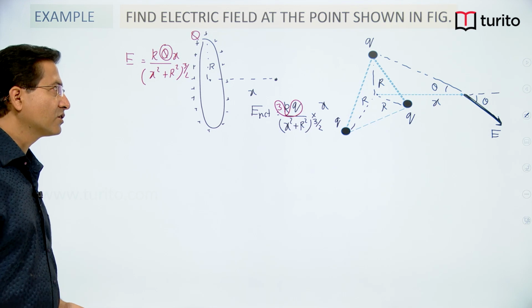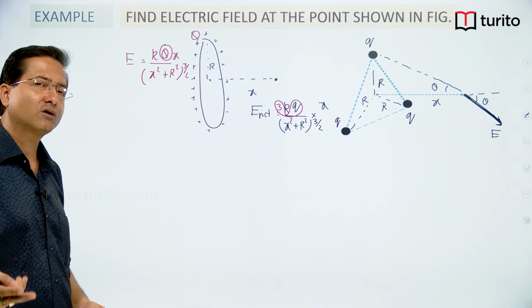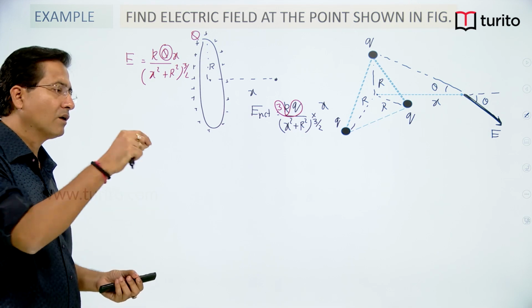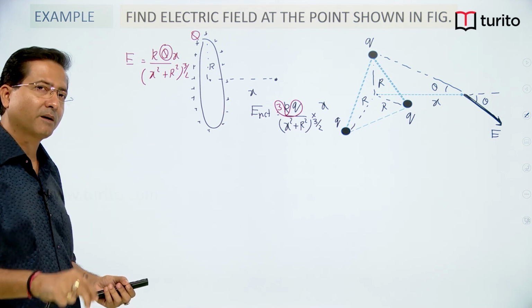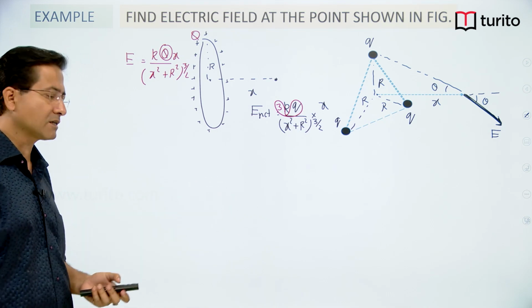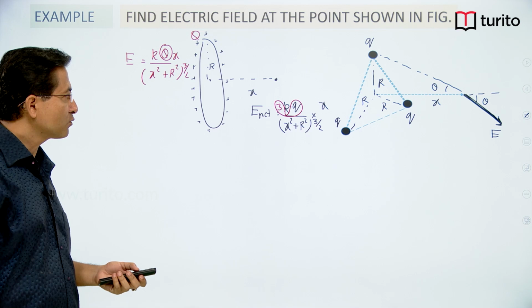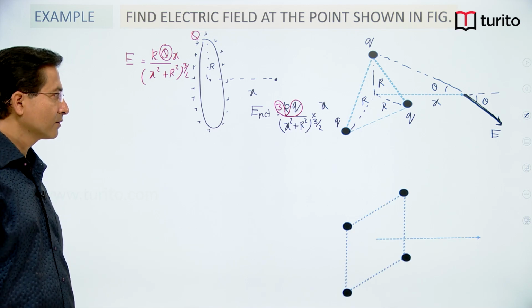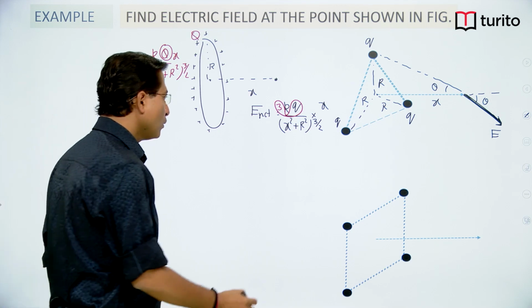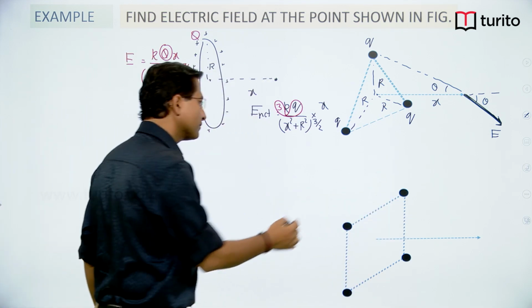For example, instead of 3 charged particles, if I have 4 charged particles on the vertices of a square, and I ask what is the field at distance x from the center of the square, see this one. Now with this logic I can directly write the result. What is the total charge?